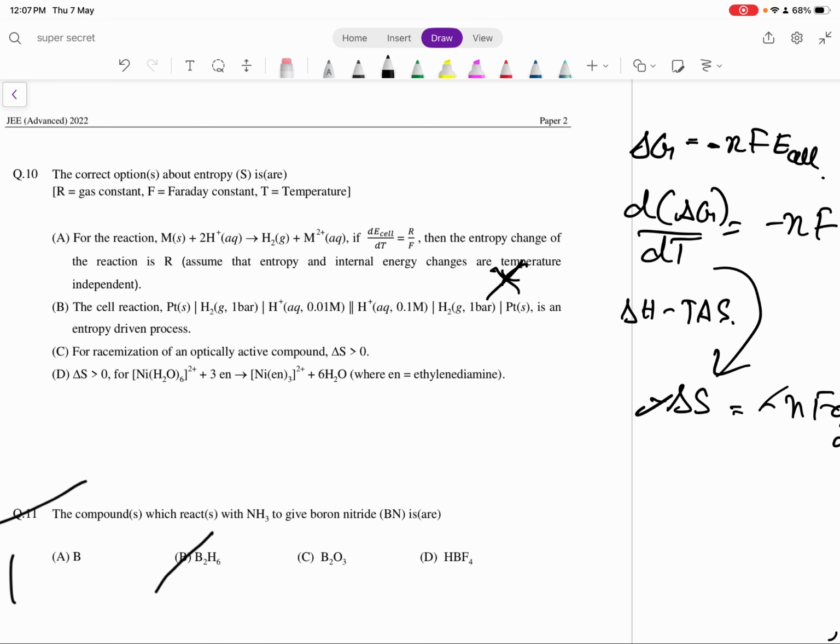The cell reaction, this is an entropy driven process. Well, the enthalpy change is 0, right? Delta H is equal to 0. Is it?